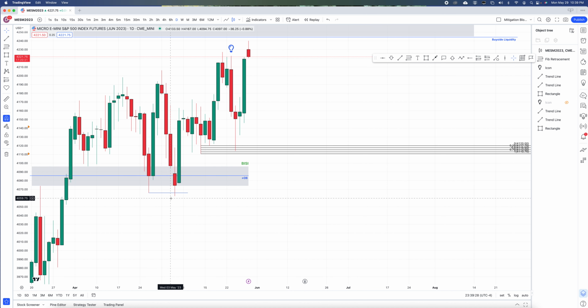So sell side taken, shift in market structure above this high, and then now we have a shift in market structure above this high, as well as this high. In my opinion, I like that it went above this high, I like that it went above this high, but I especially like that it went above this one.